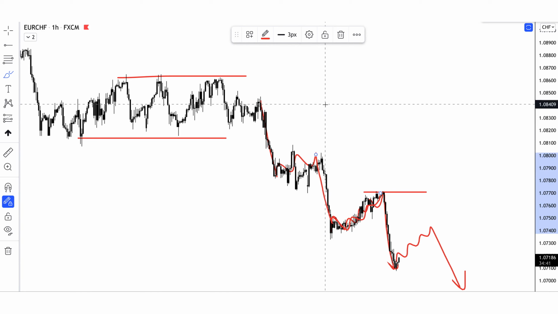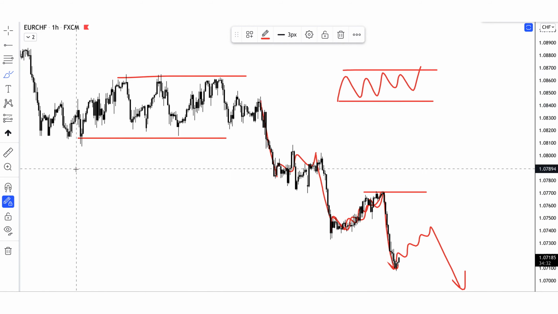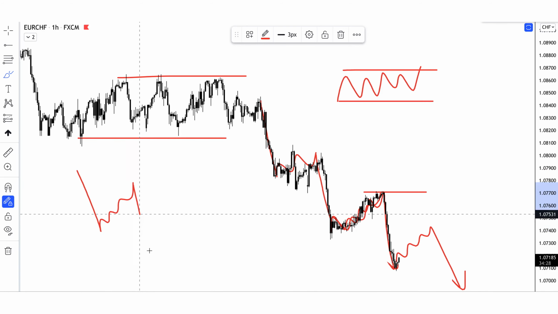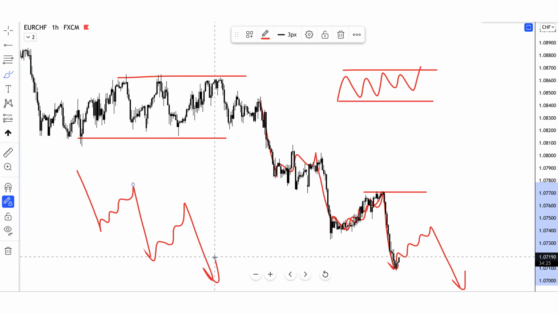But that's basically how markets work. We're either correctively ranging, or we are impulsively moving to the downside, and then we'd look for a correction, impulsively moving to the downside, correction, etc. And vice versa with the upside.